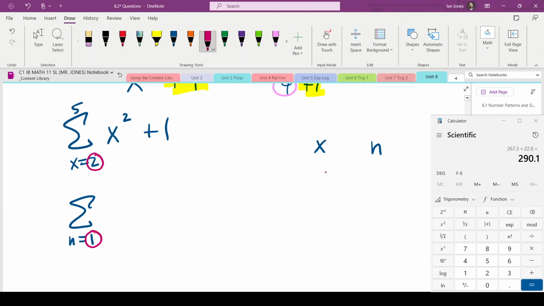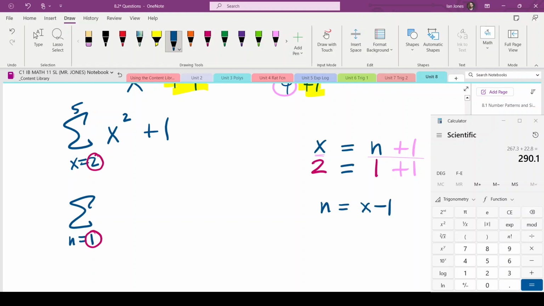Imagine that we have a 2 and a 1. What do I have to do to make these equal? Well, obviously, I need to add 1 to the n. If I add 1 to n, I get to x, right? So x equals n plus 1. Or equivalently, n equals x minus 1.